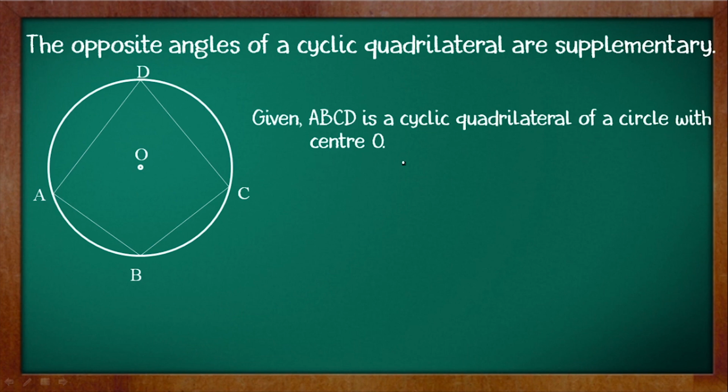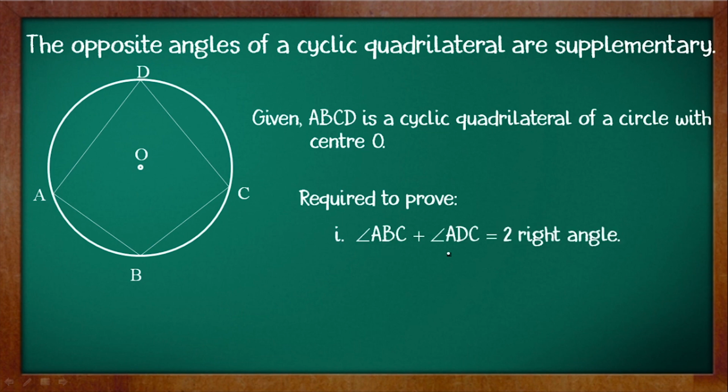Now what are we supposed to prove? We are to prove that the opposite angles will be supplementary, that is 180 degrees, or you can also say two right angles. That is angle ABC plus angle ADC, where angle ABC is this angle here and angle ADC is this angle here, will be equal to two right angles.